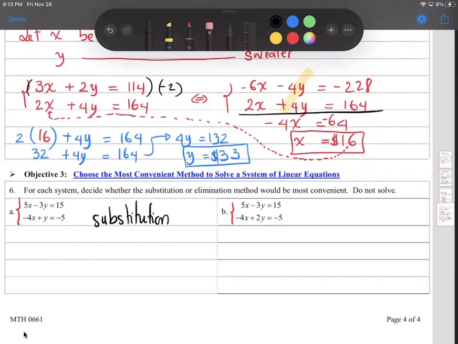If it was up to me, I would have used elimination too. But usually when you see y or x with a coefficient of 1, substitution is recommended. For problem B, I definitely recommend elimination.